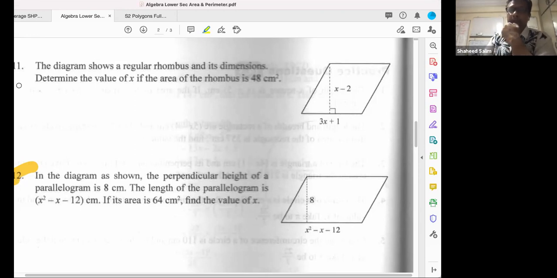Let us see. Someone has sent. Go, please, Akila. Can't see you too. Shafi, how are you with trigo? Are you okay?